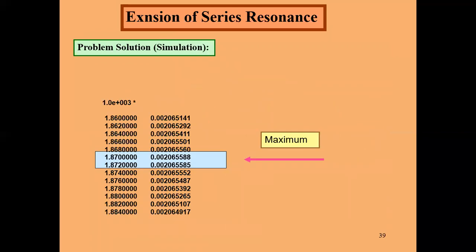So when we solve this example by experiment, we obtain the values for series resonance. The maximum value we have obtained is at 1.87, or 0.0026558.